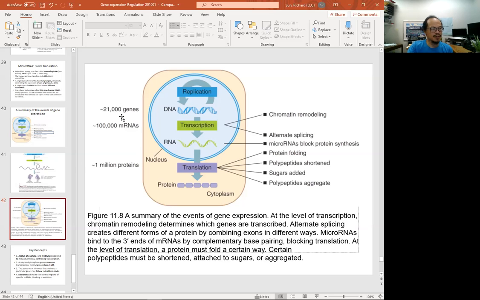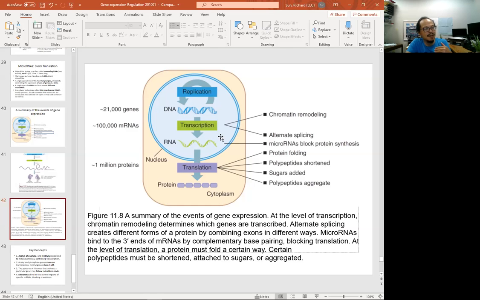I think that's it. So this one summarizes it. I also put a number here. The number of genes is not strikingly large. The number of genes is not that much, but from the same gene, through a lot of control, we can have a larger number of messenger RNA. We can have some expression, some modification.